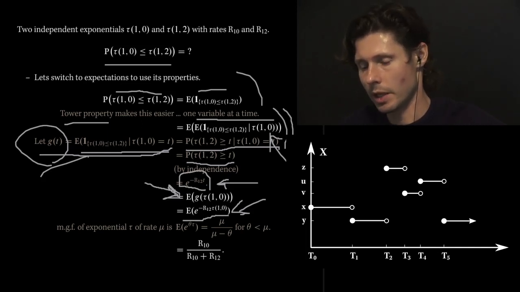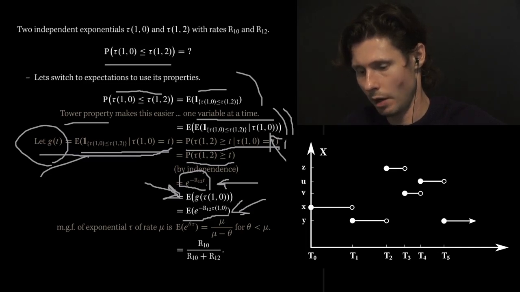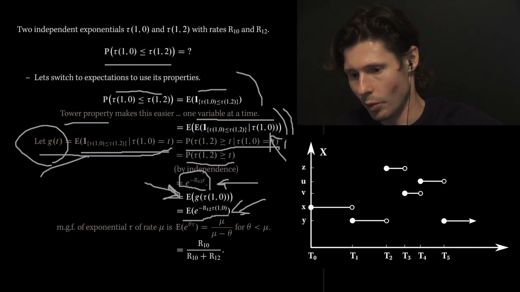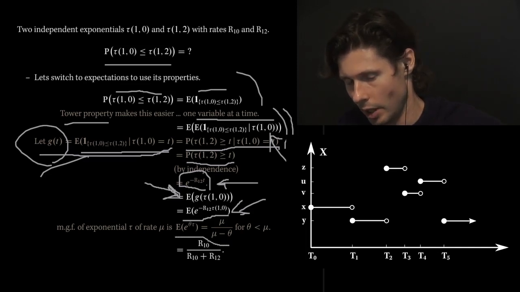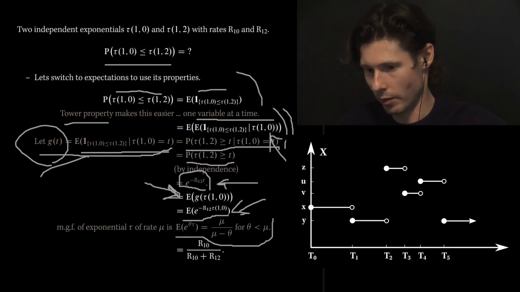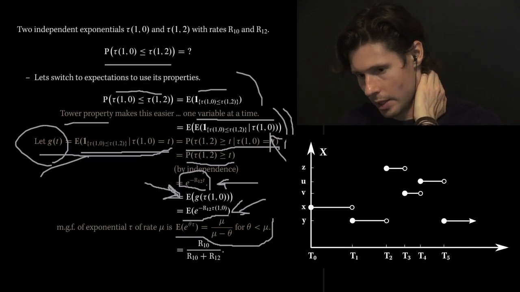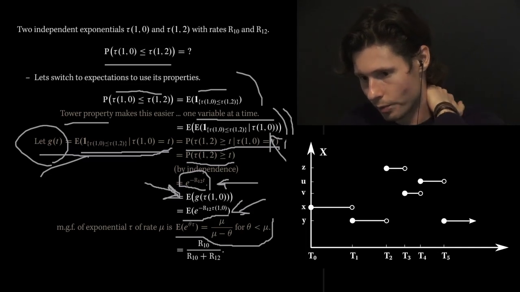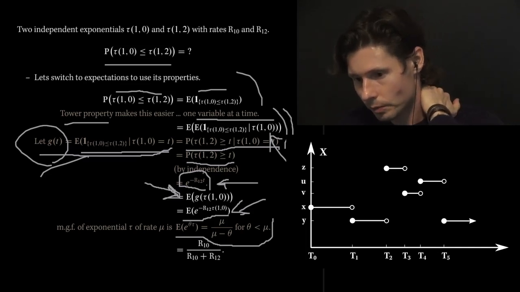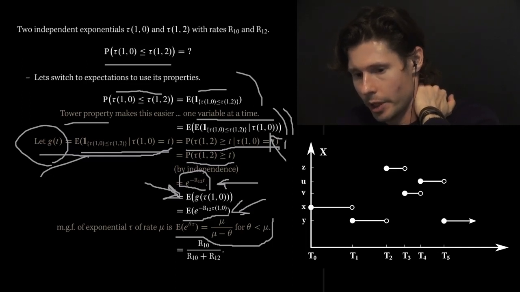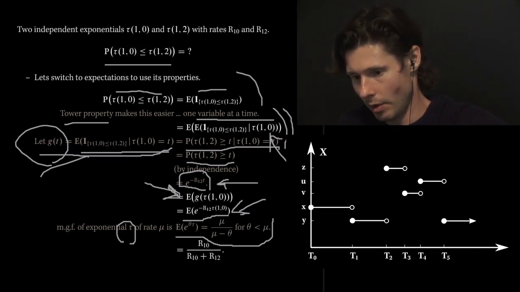What's left looks like the moment generating function of tau 10 with R12 as the parameter. And this is what a moment generating function for an exponential random variable would look like. Now I'm just going to do a plugin. Instead of theta, I have negative R12. My random variable here was exemplified by tau, in there it's tau 10.